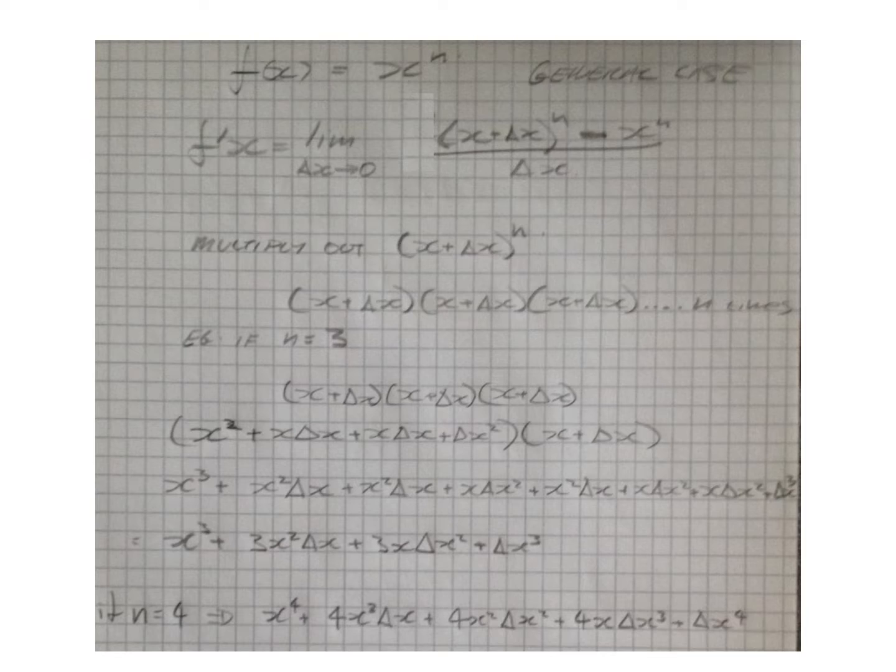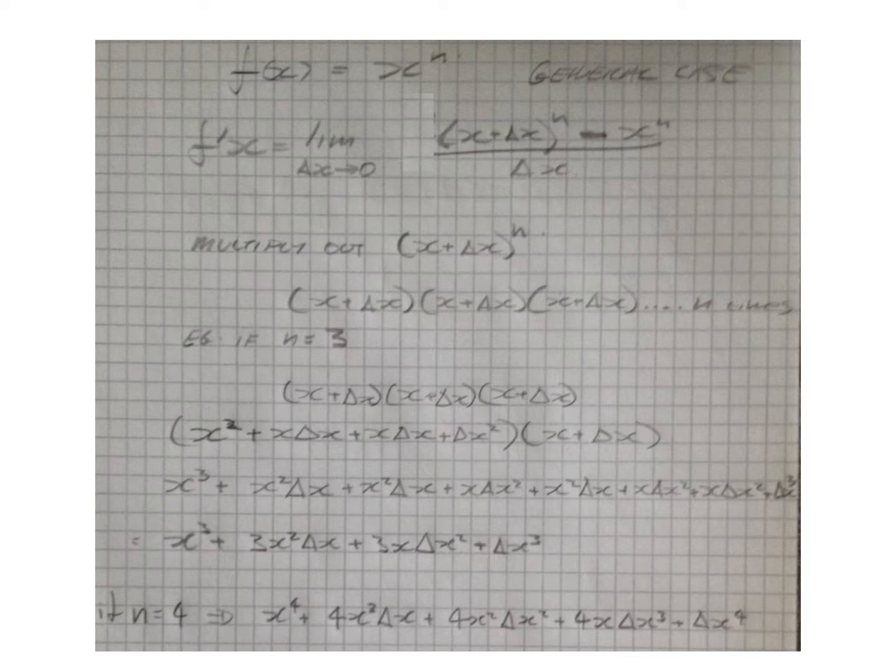You could do it with negative values, then it would be like the example we did yesterday, where it would be 1 over that bracket times itself a number of times. It'd be slightly more difficult to work out, but we get the same result, which you can do in your own time. But let's just imagine that n is 3. It could be any number. We could make it 10, but it would be a lot of work.